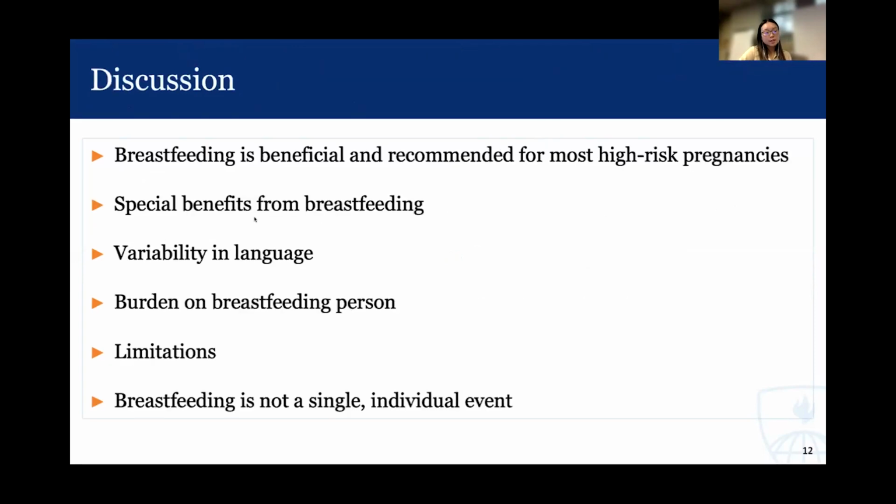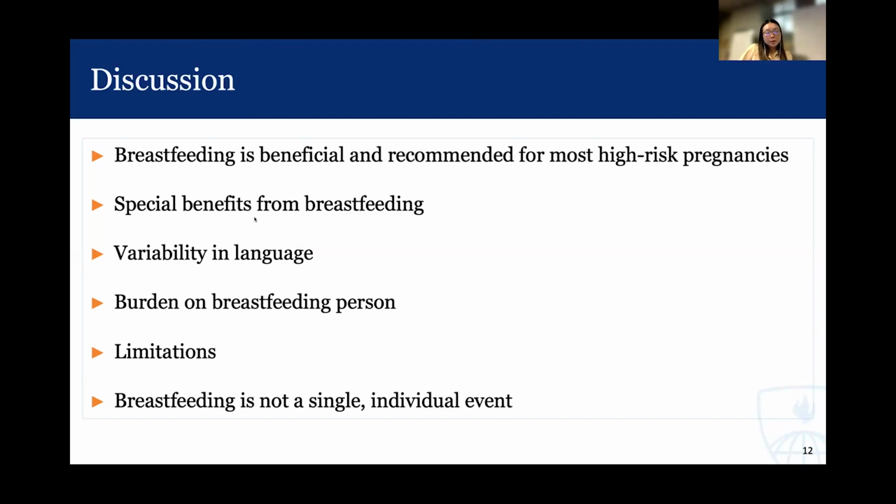Moving on to the discussion, this scoping review revealed that breastfeeding is in fact beneficial and recommended for most high-risk pregnancies, and that most commonly recommendations were not about the condition that made the pregnancy high risk, but rather about the medications that would be taken to manage and treat the high-risk conditions. This acknowledged that medications play a huge factor in breastfeeding decision-making.